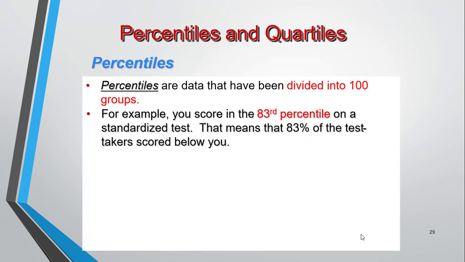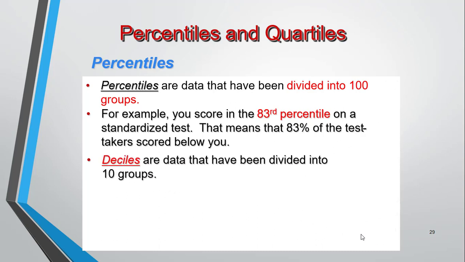Next, let's talk about the percentiles. Okay? Another way to describe data. Percentiles are data that have been divided into 100 groups. Right? If, for example, you have your bachelor's degree, you probably also have had your SAT scores, from the test that you took some time ago, right?